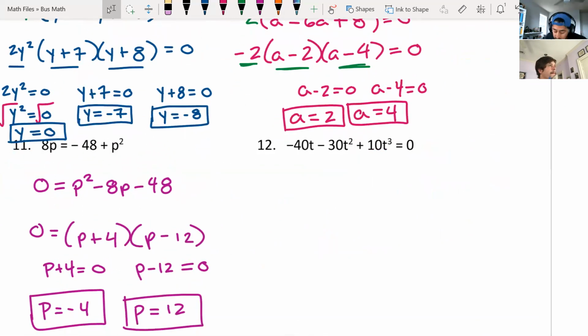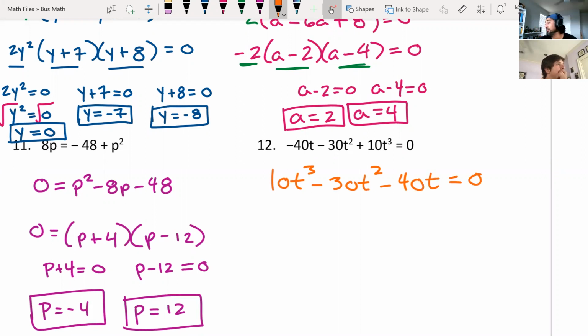Last one for this page, negative 40t minus 30t squared plus 10t cubed. Again, I want this in proper format, so I'm going to rewrite it with the highest power first. 10t cubed minus 30t squared minus 40t equal to 0.